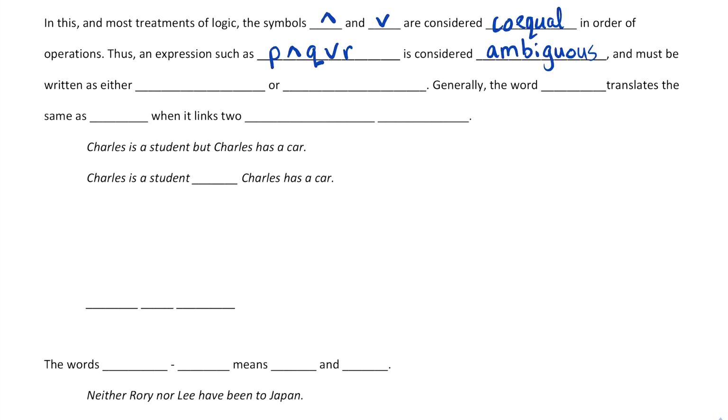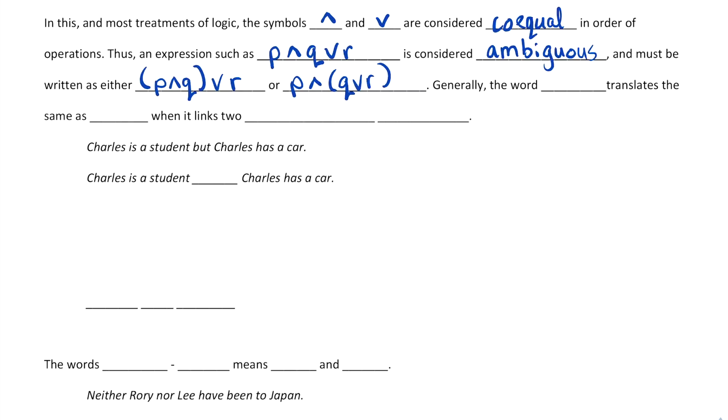So when you're creating these expressions, what you're going to want to do is either write it as (P and Q) or R, or you'd write it as P and (Q or R).